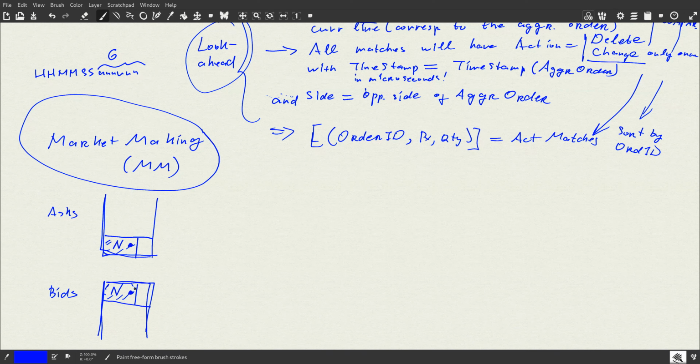Now suppose that two different aggressors come: one aggressor comes to lift our order on the ask side, and another aggressor comes to hit our order for size n at bid.